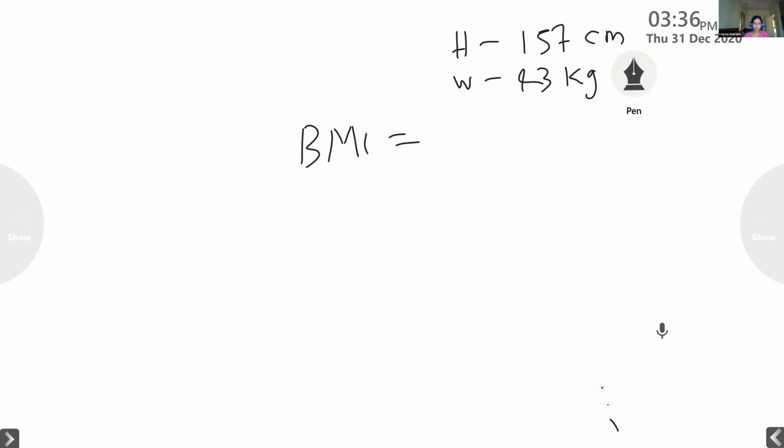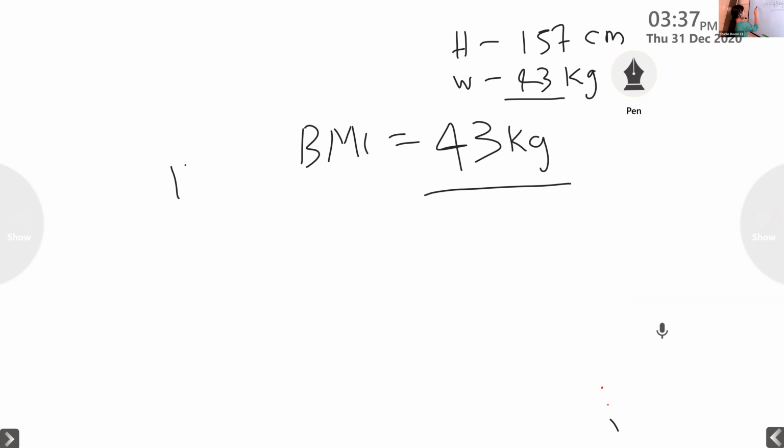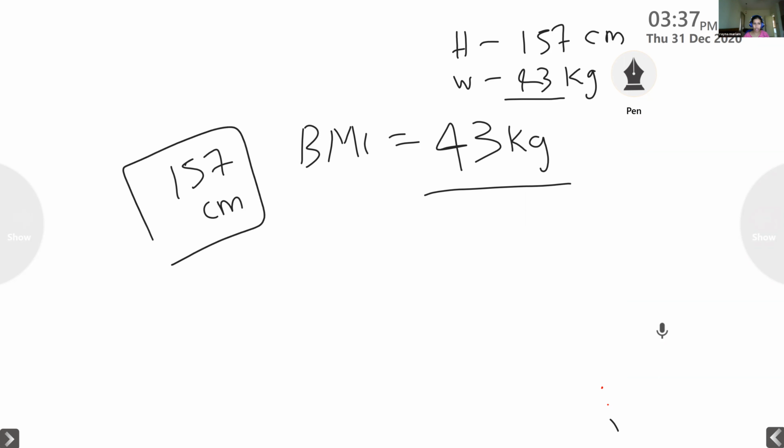Weight in kilograms and height in meters. So 43 kg by 157 centimeters. So read the equation, Reina.